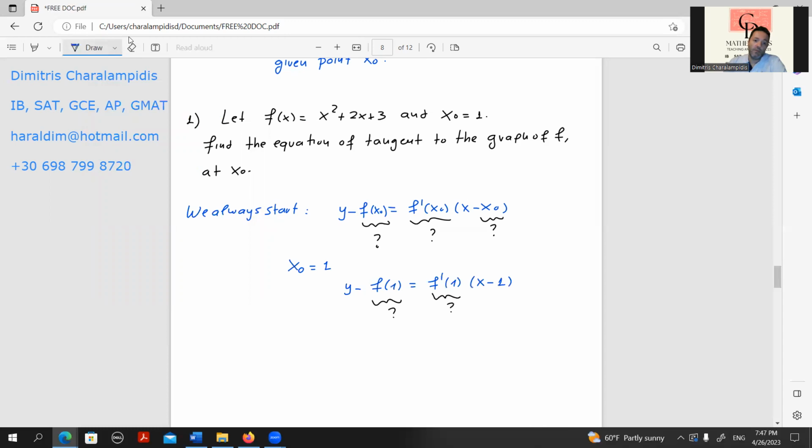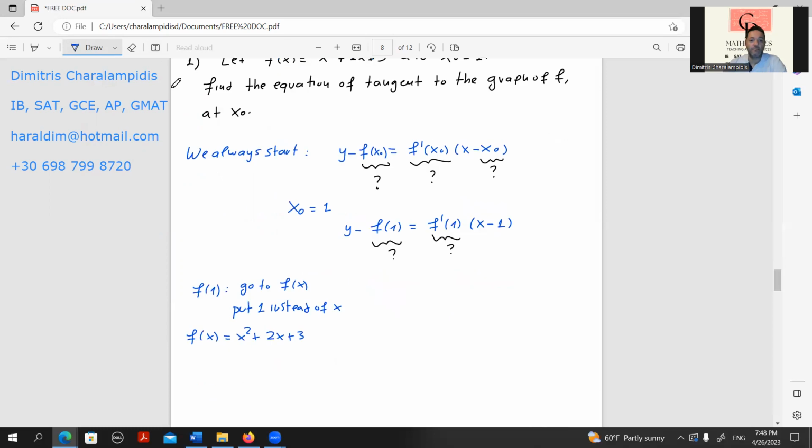Let me do the f of 1 first. F of 1 means go to f of x and instead of x, put 1. Since f of x is x squared plus 2x plus 3, f of 1 would be 1 squared plus 2 times 1 plus 3, which is equal to 6.